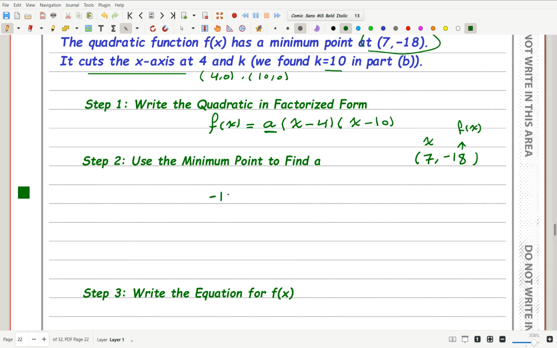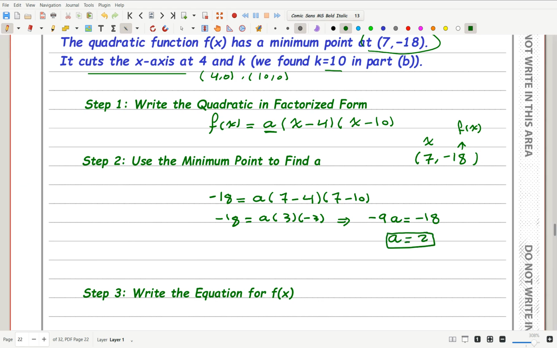So -18 equals a times (7 minus 4) times (7 minus 10). So -18 equals a times 3 times -3. This will give us -9a equals -18, so a equals 2.